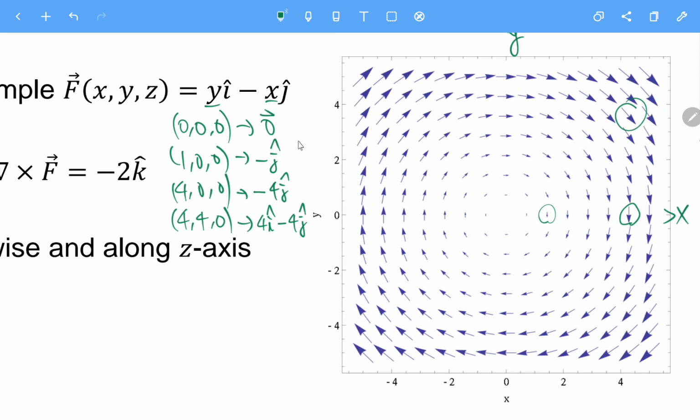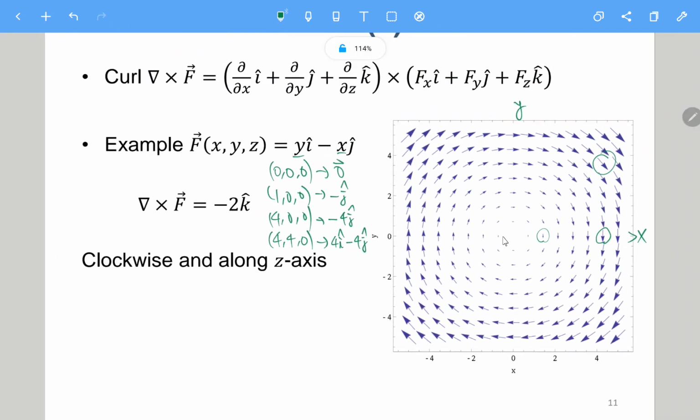So actually you can arbitrarily try to plug in some coordinate into this expression, and then you will find a corresponding vector. If it is a longer vector, then it means that the magnitude at that point is larger, and the direction also specifies the direction of the vector at that point.